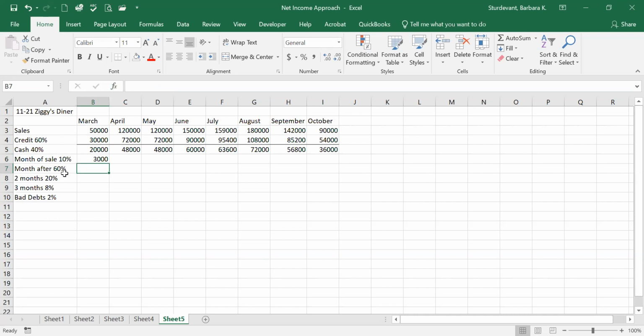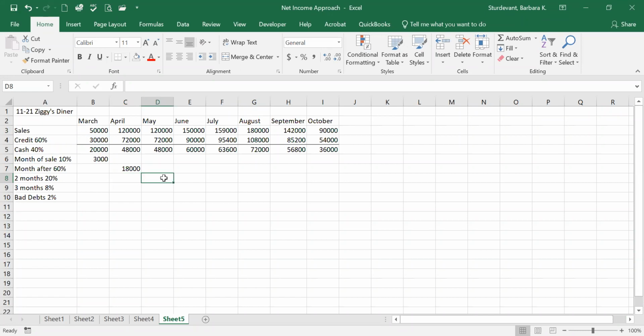60% is going to be the collected the next month. So don't put it in March, put it in April. That's the next month. So I'm taking the credit sales and now I'm multiplying by 60% because that's what I collect in April. It's all about the diagonal. Students have a tendency to split it up, but you put it in this month. That's not when they converted it to cash.